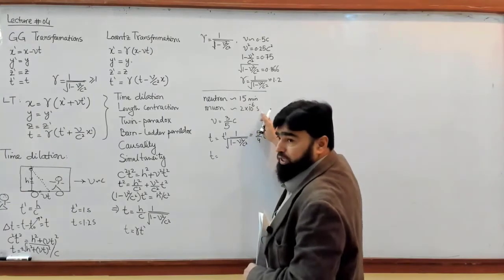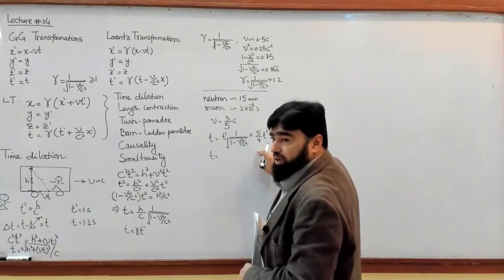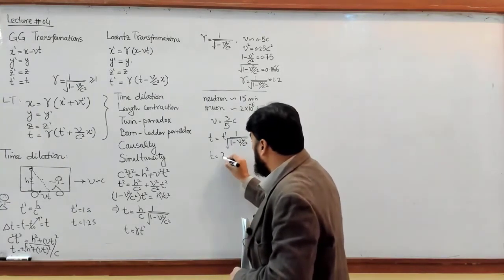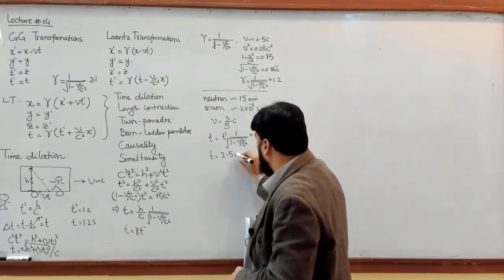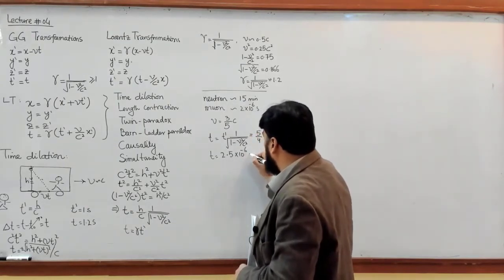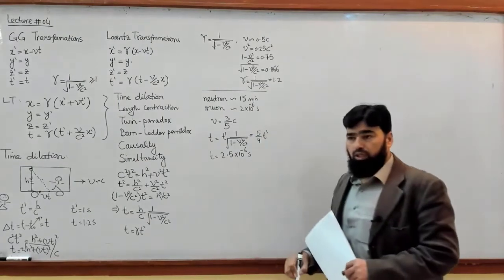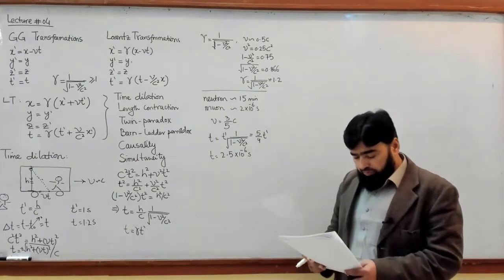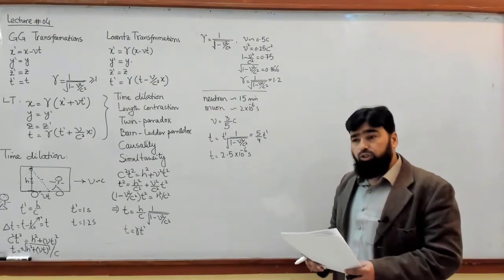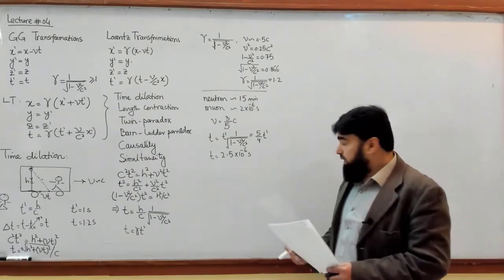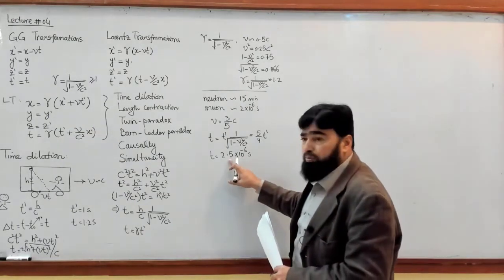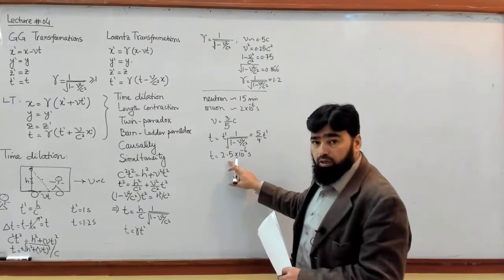Putting t prime as 2 microseconds, the 2 will simplify and t comes out to be 2.5 times 10 raised to the power minus 6 seconds. So it lives longer. How much longer? 0.5 microsecond longer.